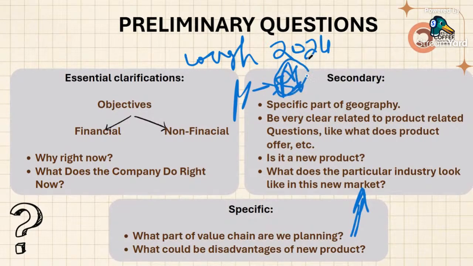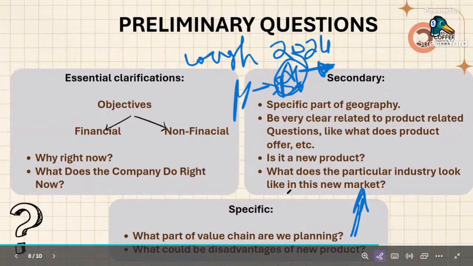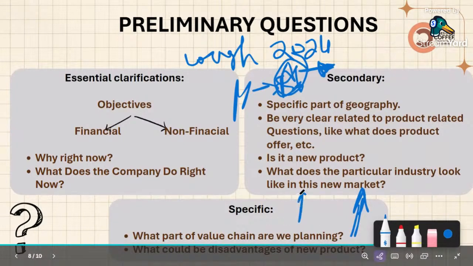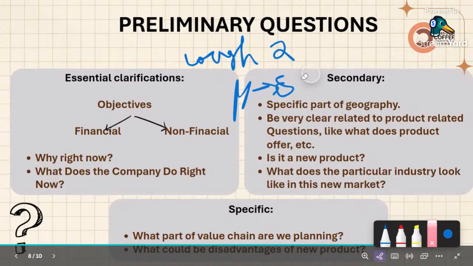The cough syrup was all right for the Indian market, but for the African market, it had some content which was not good for the health of individuals, and eventually many babies and kids died due to the side effects of this medicine. Now, as a consultant or in a case interview, you need to understand the side effects or the disadvantages of a specific product so that you can make more informed decisions.